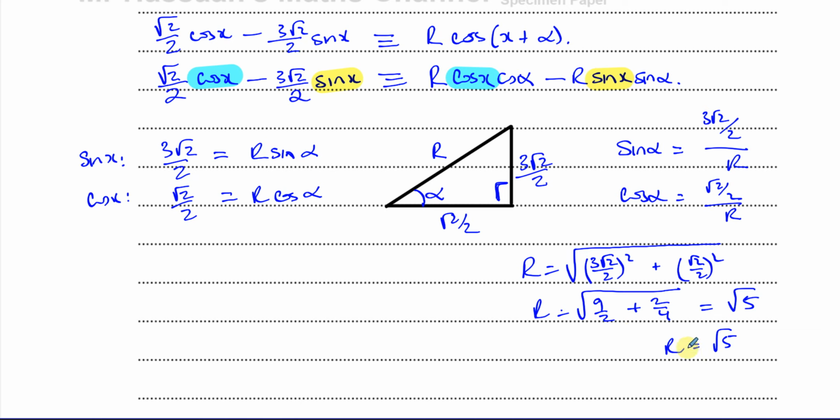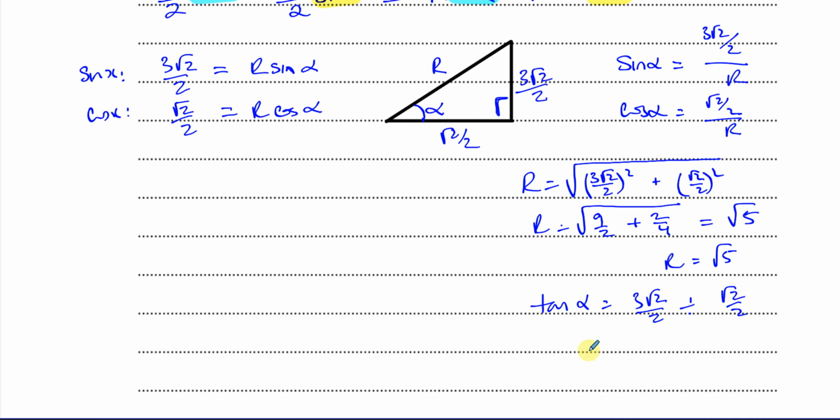And for alpha, we can use the fact that the tan of alpha is opposite over adjacent. The tan of alpha is the opposite, which is 3 root 2 over 2, divided by, I'll write it as a division because we've got fractions here, root 2 over 2. So the tan of alpha is equal to 3 root 2 over 2 times 2 over root 2.